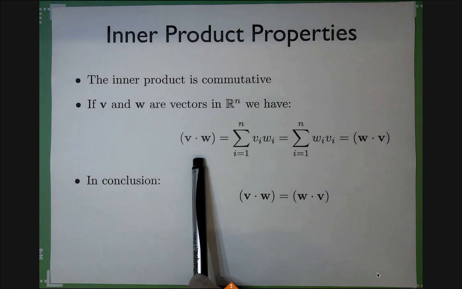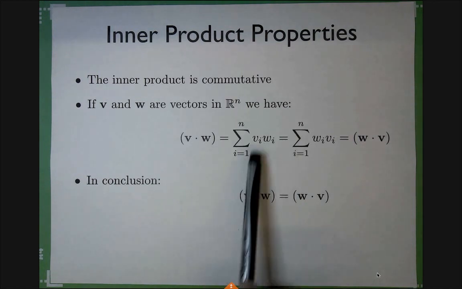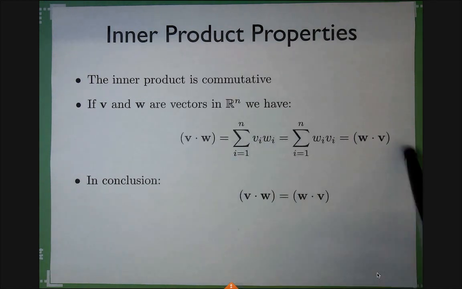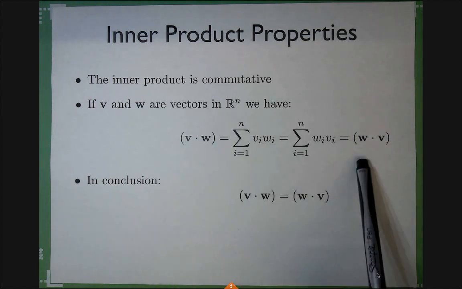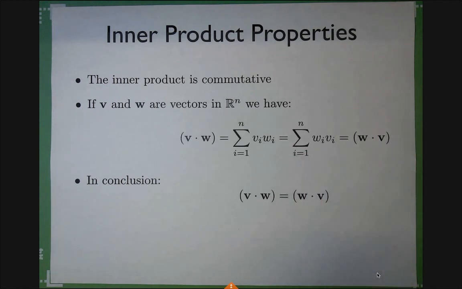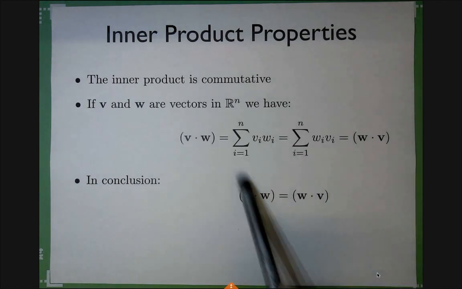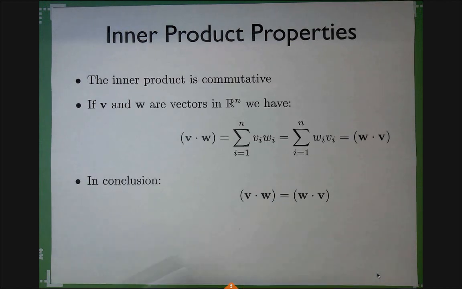So here it's trivial. If I do v inner product w, then by definition it's the sum of v_i w_i. And if I do the inner product of w with v, just swapping the roles of v and w, then I get w_i v_i. But these are scalars, so they are commutative. So these two things are definitely equal. That's my proof.